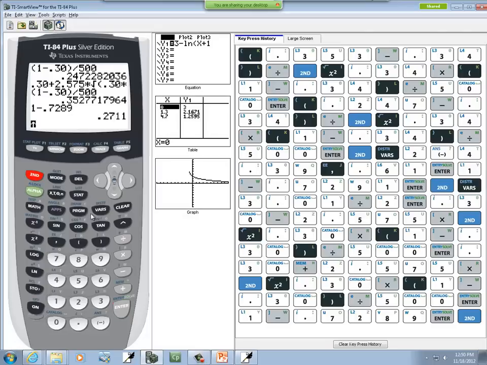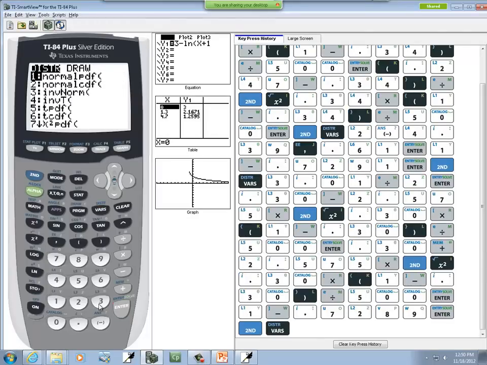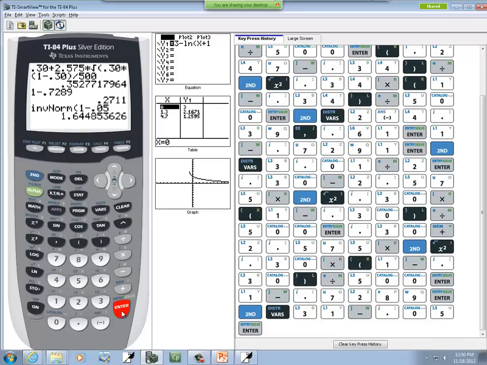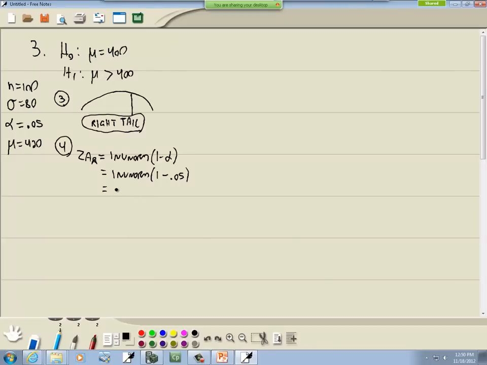So do second vars, choose INV norm, 1 minus 0.05, enter. And I'll take this to 3 decimal places, 1.645. And that's our ZA sub R.